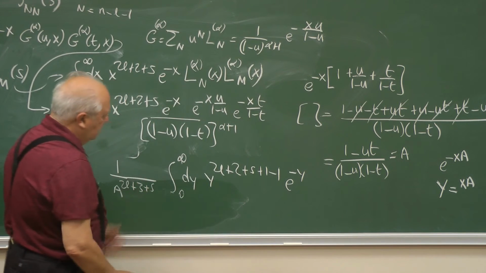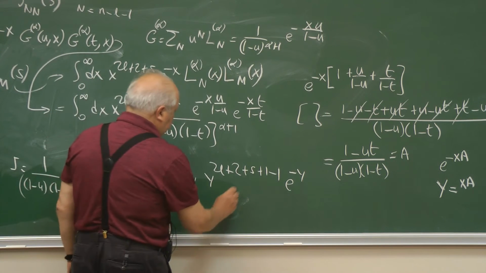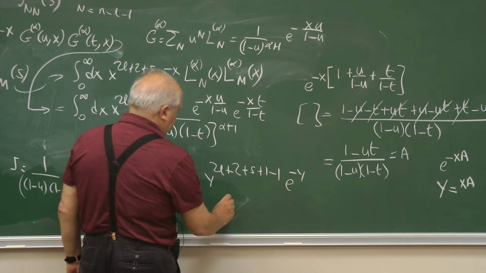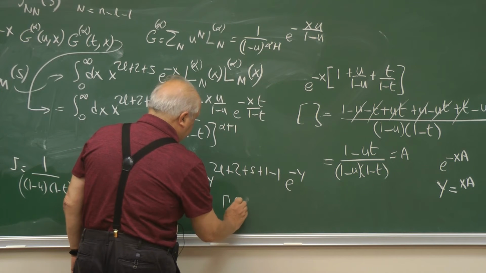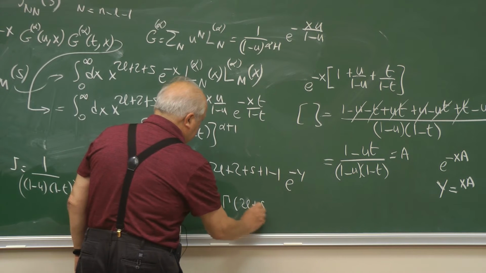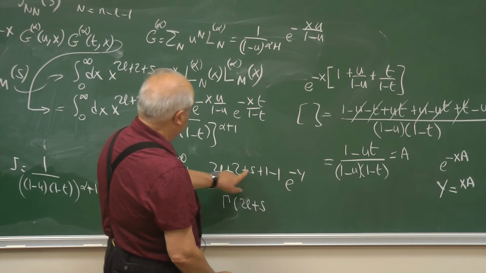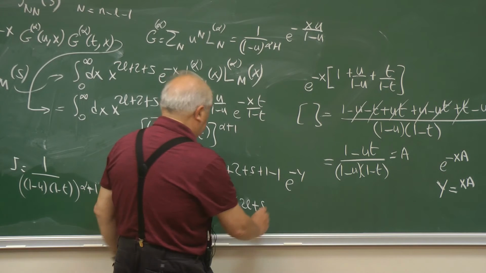And this is a known integral. This is gamma of 2l plus s plus 3.